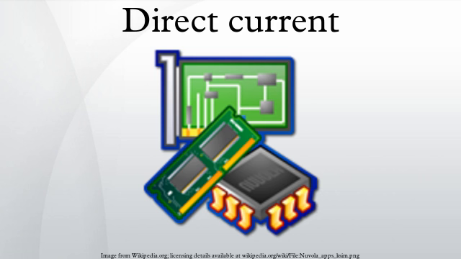Very large quantities of direct current power are used in production of aluminum and other electrochemical processes. Direct current is used for some railway propulsion, especially in urban areas. High-voltage direct current is used to transmit large amounts of power from remote generation sites or to interconnect alternating current power grids.